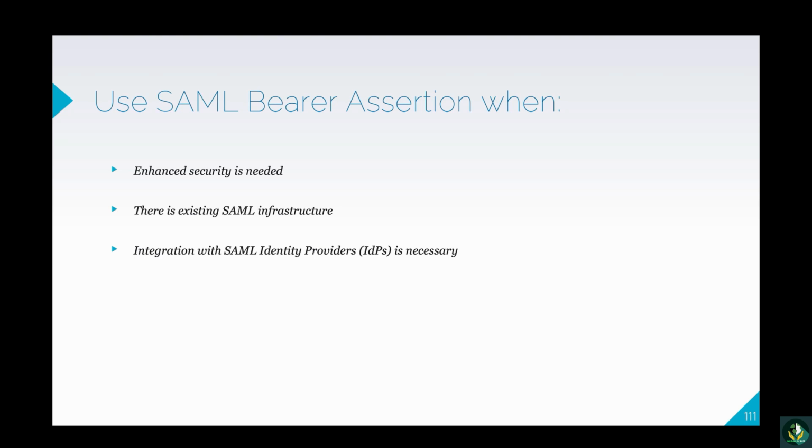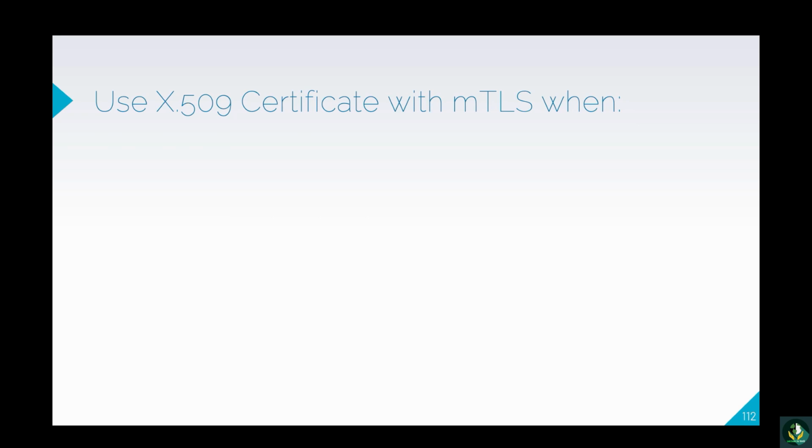Use SAML bearer assertions if enhanced security is required, when there is already an existing SAML infrastructure in place, if integration with SAML identity providers is necessary to align with organizational systems, when there is adequate time and budget available for implementing and maintaining this approach. Use X509 certificate with MTLS if maximum security is essential, as this approach ensures end-to-end communication security.